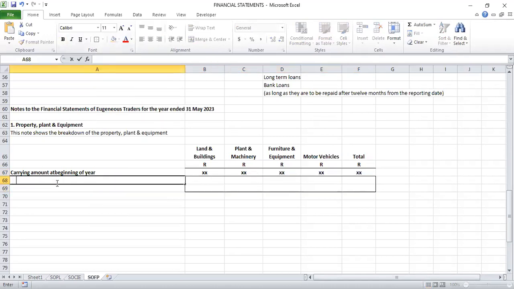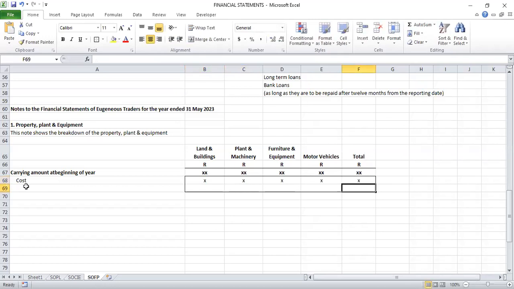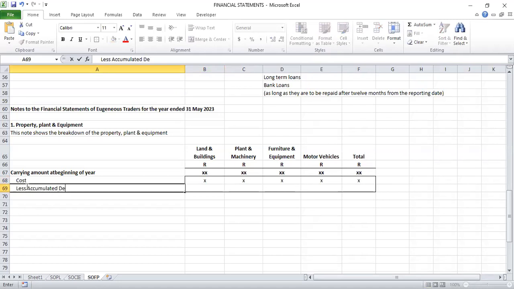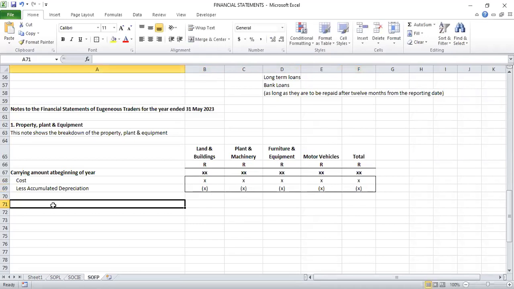It is made up of cost, less accumulated depreciation. So this is the accumulated depreciation.